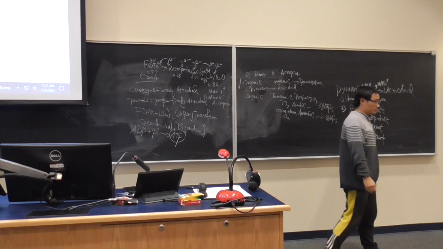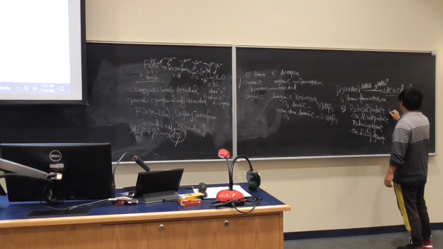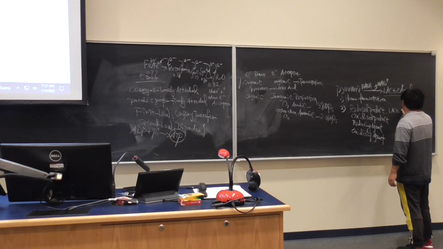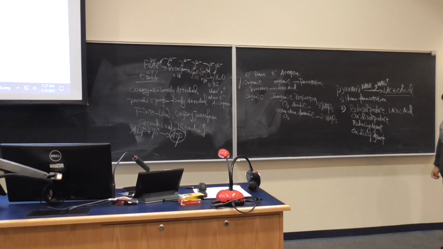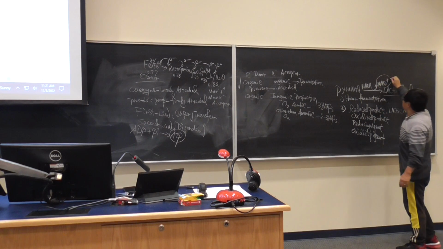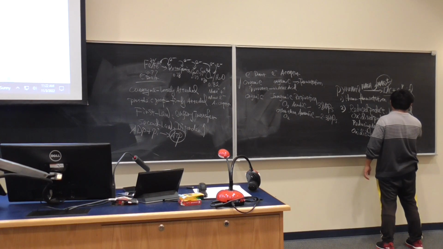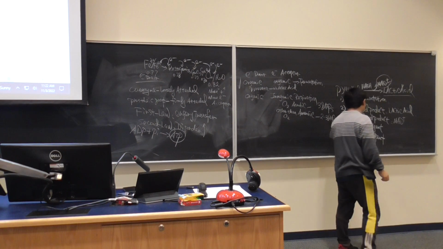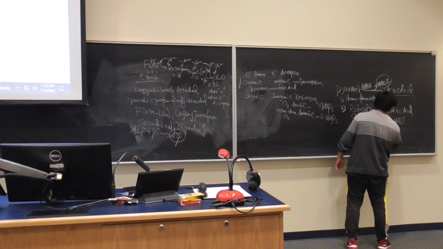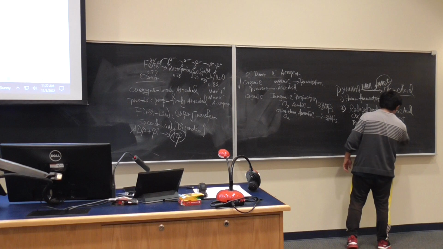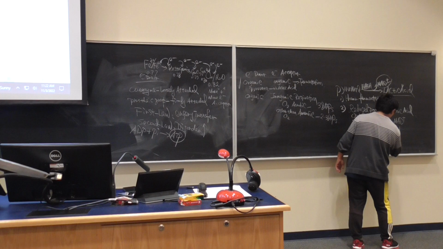What is a reduced product? Lactic acid, is that right? So what is the oxidized product? Well, it loses electron. What is the reducing agent? NADH. What is the oxidizing agent? Pyruvate, is that right?